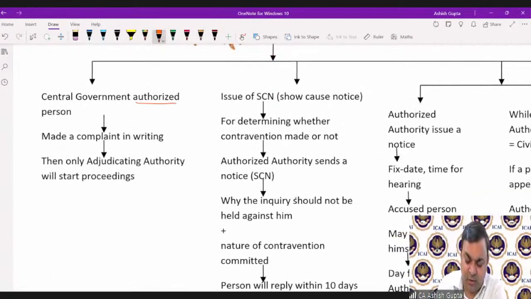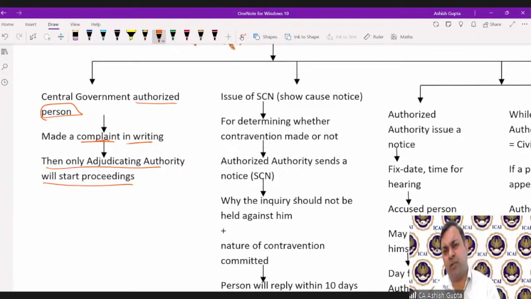So this is the theoretical or procedure part. The Central Government will authorize a person to make a complaint in writing. Then only the adjudicating authority will start proceedings. Means there is no power prescribed to the adjudicating authority on a suo motu basis.